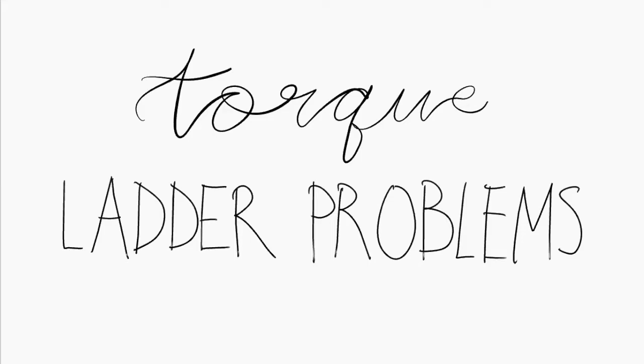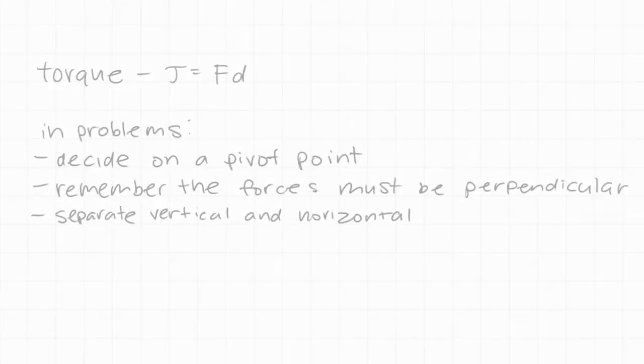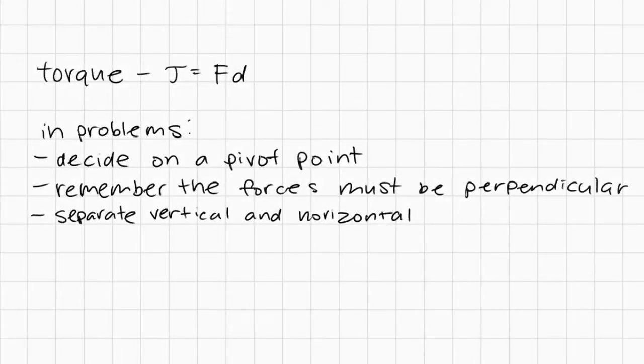We'll be talking about torque ladder problems. First of all, I just want to go over some basic things that are important to know. Of course, you should probably know this by now, but torque is the force times the distance of a rod or something. In problems, thinking about these things helps me.